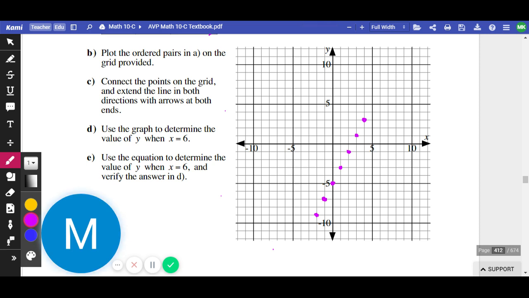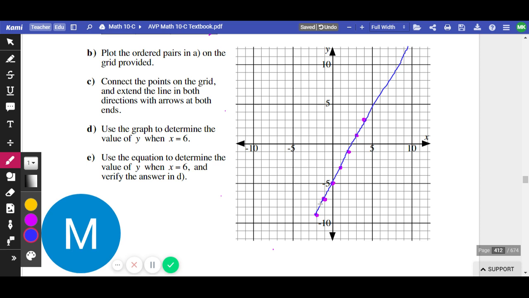Because this is an equation, and this equation has no context to it, we're going to assume it's continuous data. Because it's continuous data, that means that we can connect the dots. So for this equation, we can connect all these dots, kind of like this. Like that.